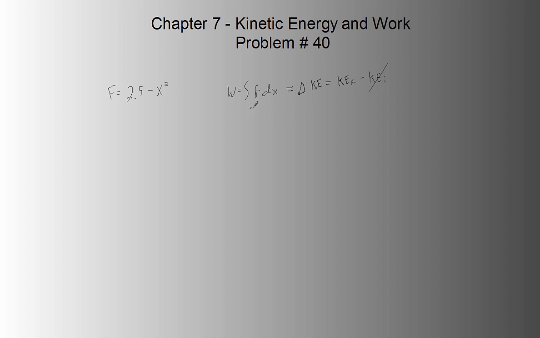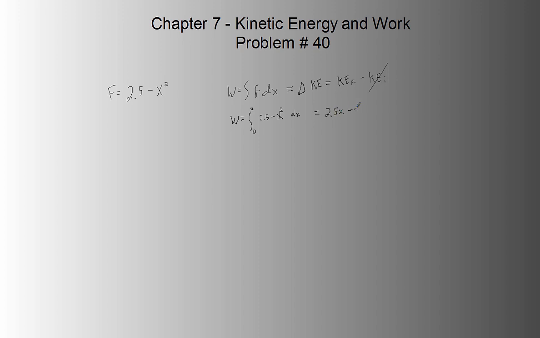So let's integrate. We're looking for this, which is going to equal the integral of our force with respect to x. So let's do that. Work is the integral from 0 to 2 meters of 2.5 minus x squared with respect to x, and that equals the integral of 2.5 is 2.5x.